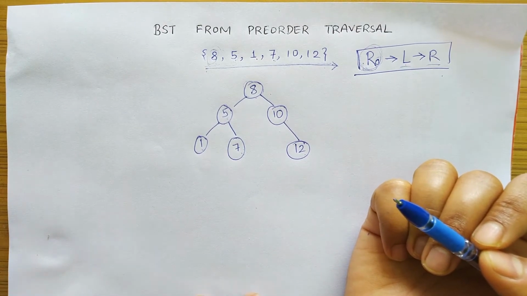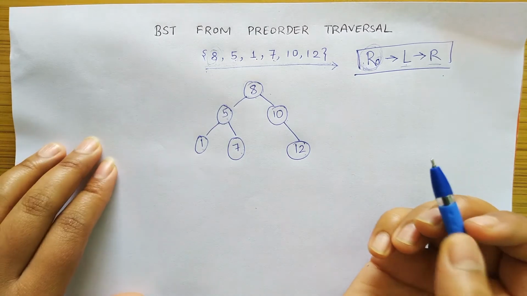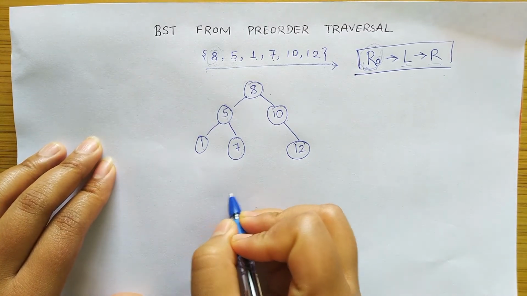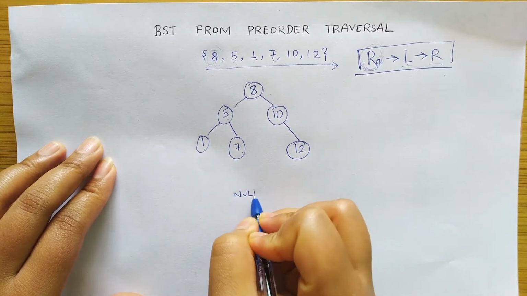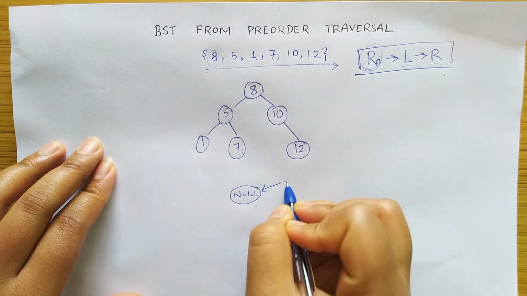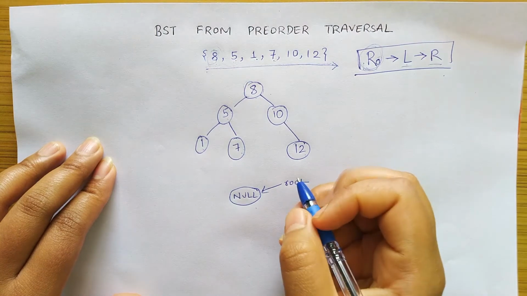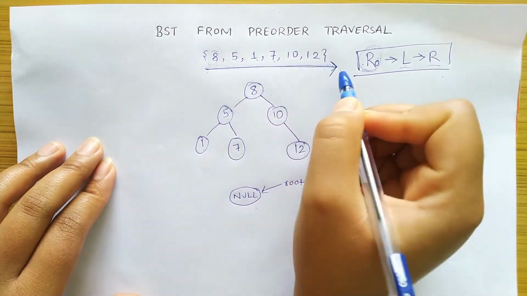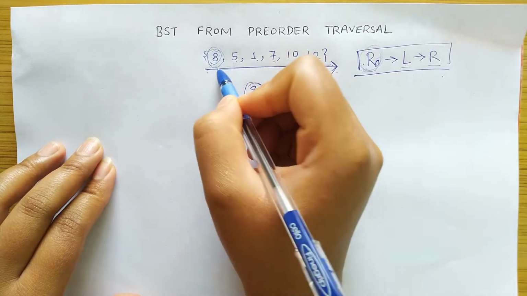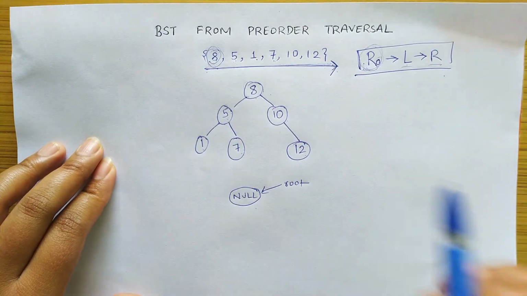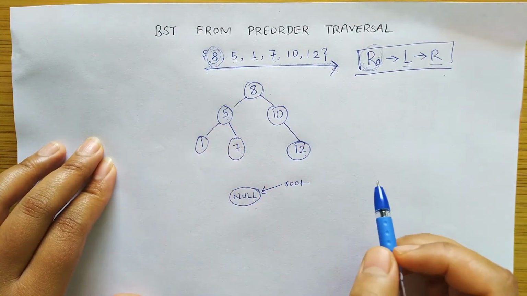So how will we use recursion in this? First, we initially make a root of null. This is our root. Then we will traverse this whole list, and for each of the elements we will call a new function which will insert that element at the correct position.